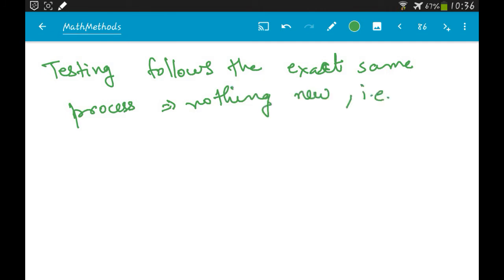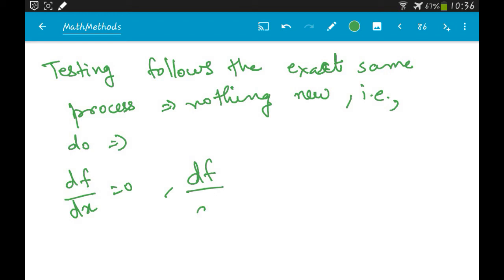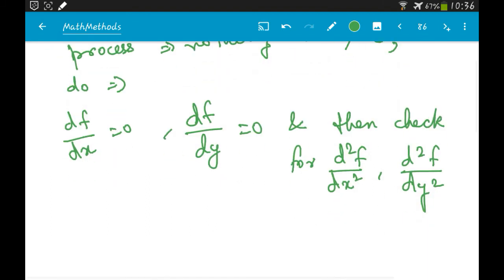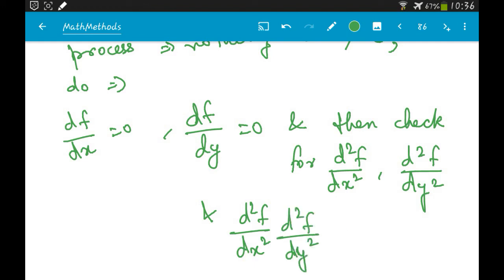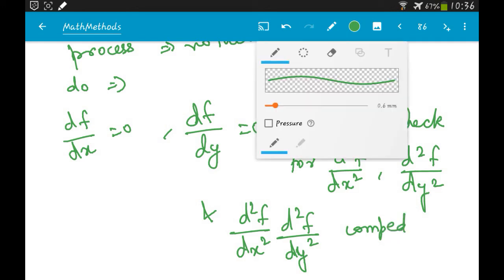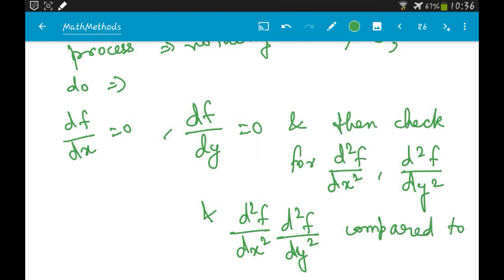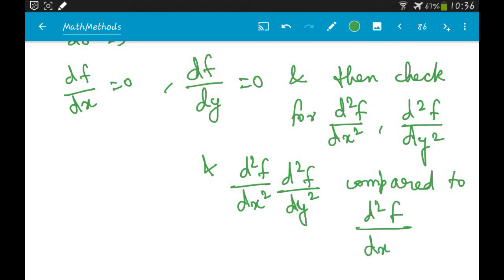That is, we have to do df by dx is 0, df by dy is 0, and then check d square f by dx square, d square f by dy square, compared to d square f by dx dy.